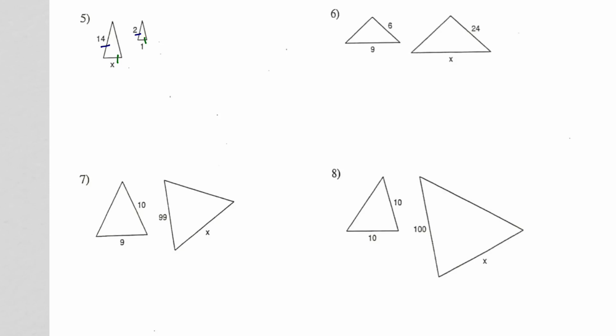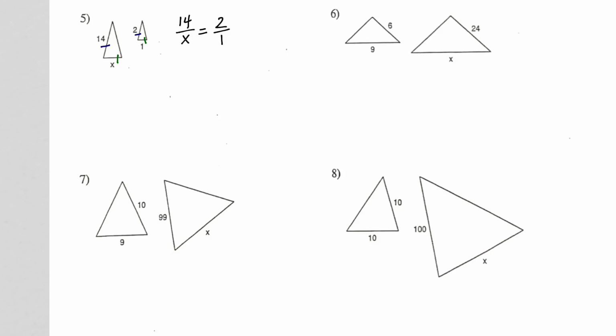So when I get ready to write this equation, because a proportion is an equation, just a special kind, the ratio of the larger triangle would be 14 to x, and remember the corresponding side is 2, so in my second ratio, the 2 would go in the numerator, and it'd be 2 to 1. Once I have my proportion set up, I can now solve it by doing cross products.